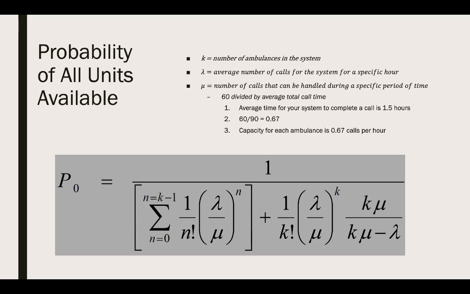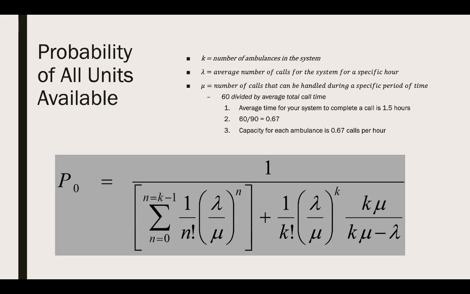Maybe we're in a more rural area. So start to finish, en route to in service, we've got a total time of 1.5 hours. So 60 divided by 90 minutes is 0.67. What that tells us is the capacity for each unit in our system on average is 0.67 calls per hour.